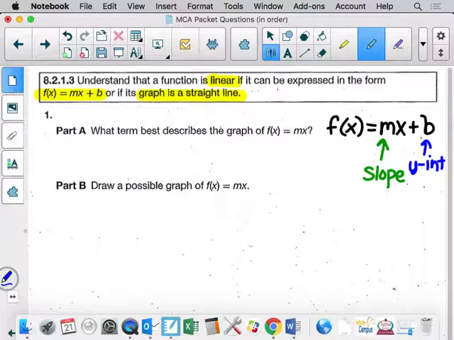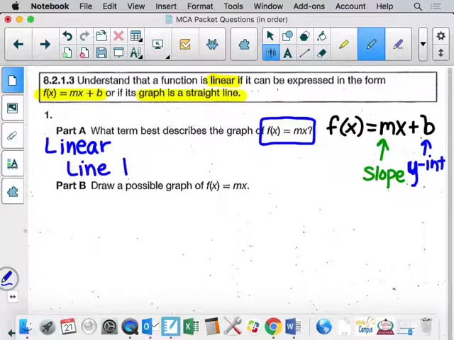If you compare what they're asking us about here, f of x equals just mx, there is not a plus b on this equation. So this is going to be linear, and it's going to be a line through the origin.